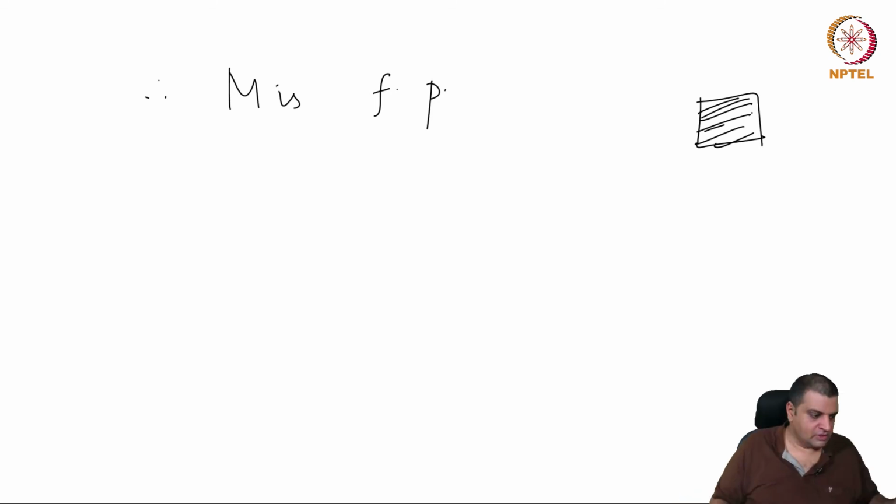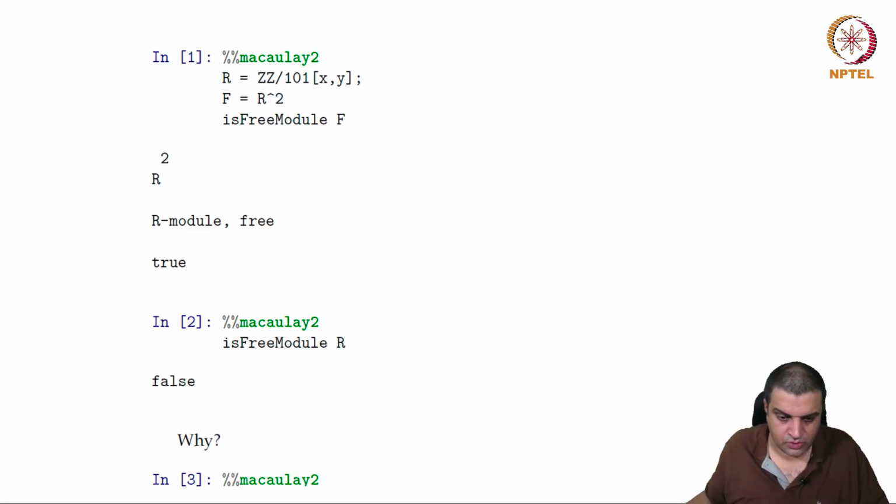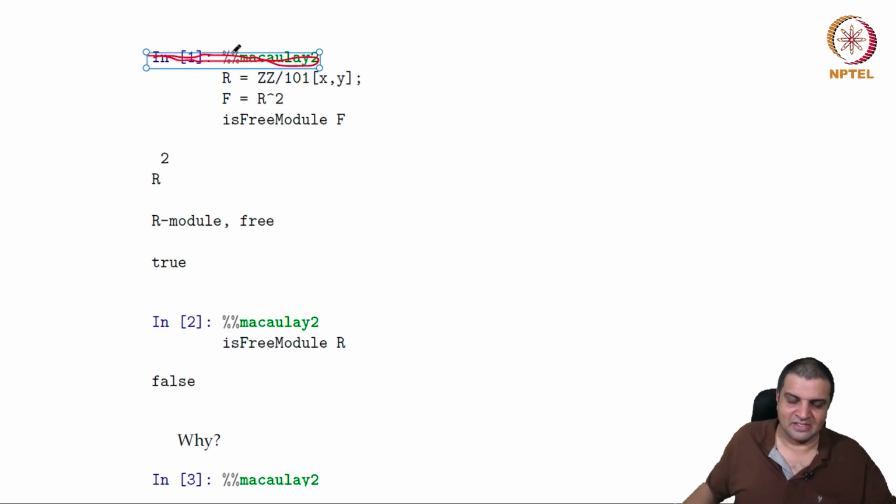Okay, so let's look at a Macaulay2 example. Let me just emphasize, this first line should be ignored altogether. This is part of the program that takes the output and writes the documentation.